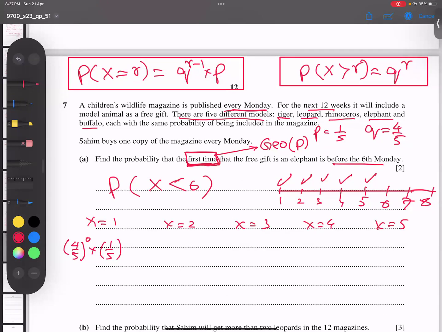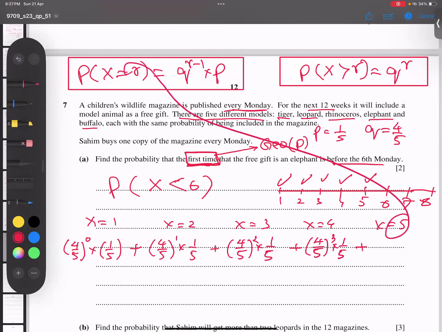Yes, 1 minus 1, correct. Second, if I plug in 2, 2 minus 1 gives 4 over 5 to the power 1 and the p value is 1 over 5. Now I do it with 3: 3 minus 1 becomes 2, so q to the power 2 into p. For 4, 4 minus 1 is 3, so I get 4 over 5 to the power 3 into 1 over 5.